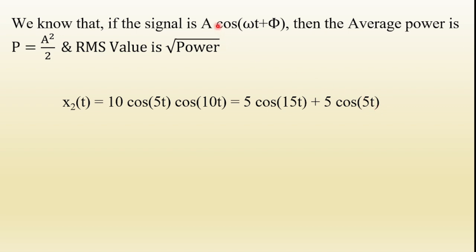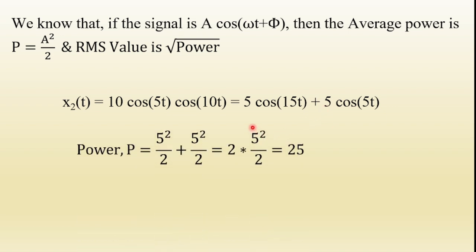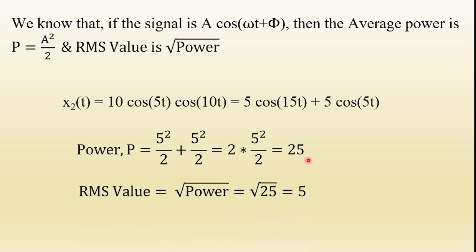In this signal, the average power is A square by 2, where A is the magnitude of the signal. In the first signal, the magnitude is 5, and in the second signal the magnitude is 5. Therefore, the average power of the signal P is equal to 5 square by 2 plus 5 square by 2, which is equal to 25. And the RMS value is the square root of the power. Square root of 25 is 5.